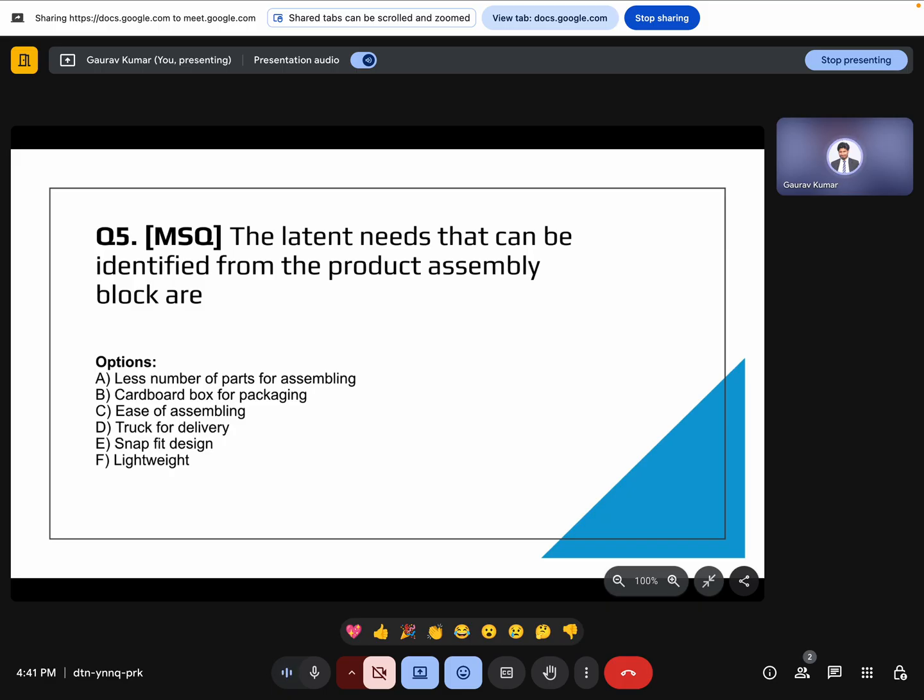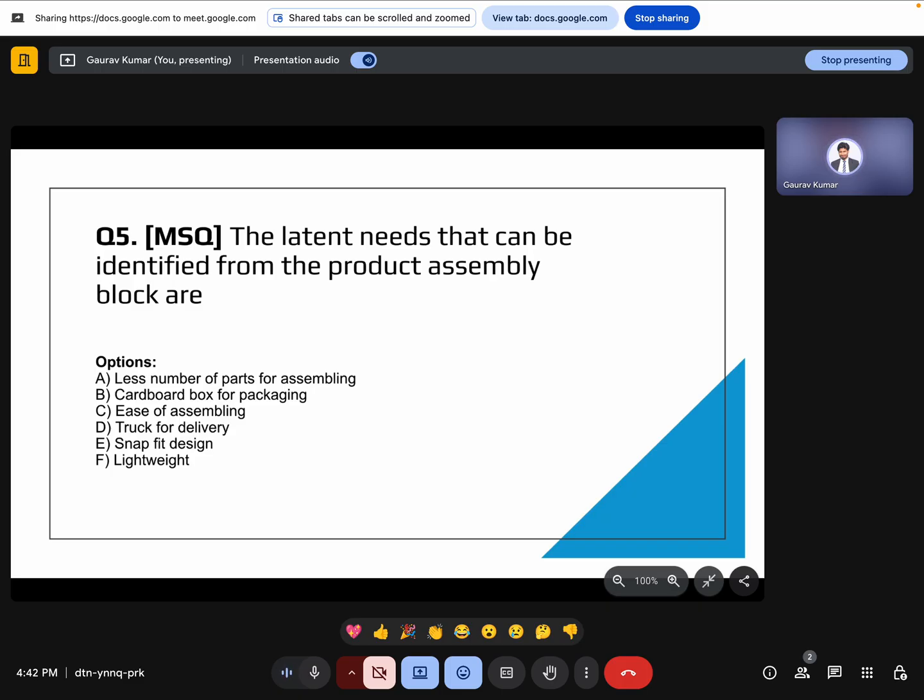So the correct answers are less number of parts for assembling, ease of assembling, and snap fit design.